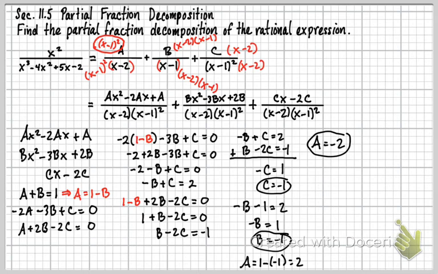So then if we go back to our original here, this is going to equal, now for my a is -2, so I'm going to put a -2 here. And then on the bottom, I'm just going to have the x minus 2. And then for the middle one, both b and c are -1, so I can just take those away and put minuses in.